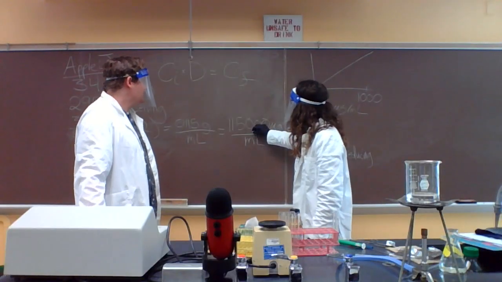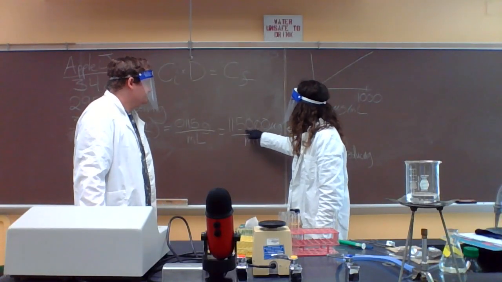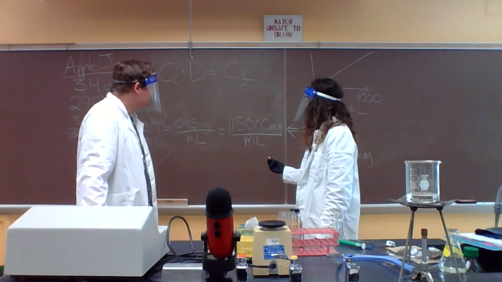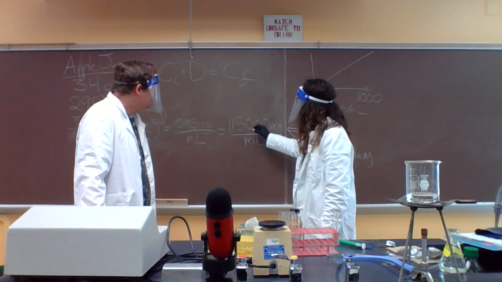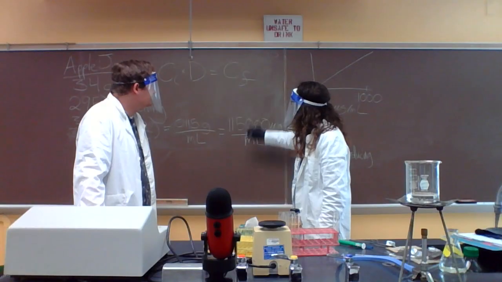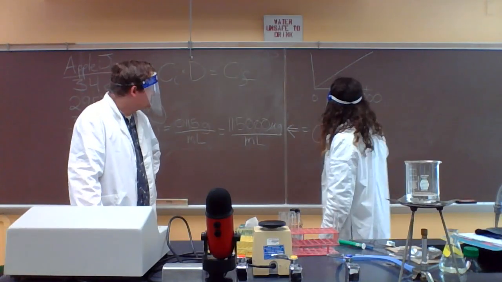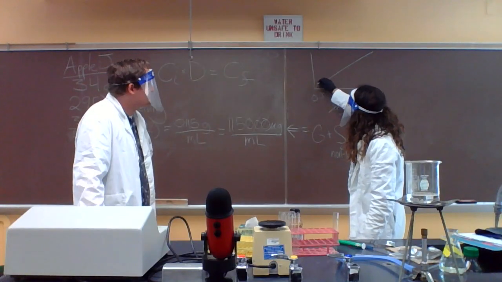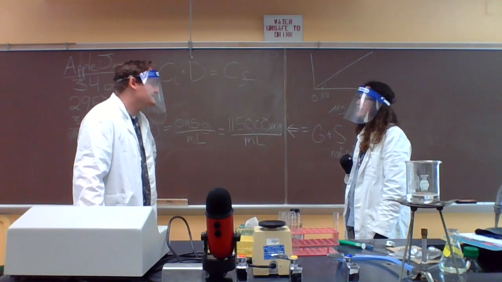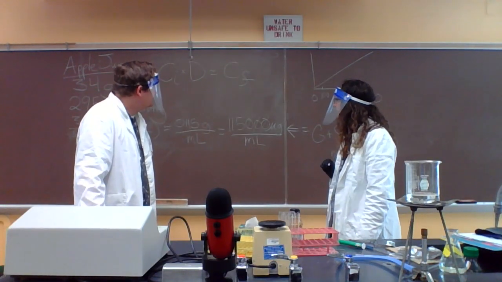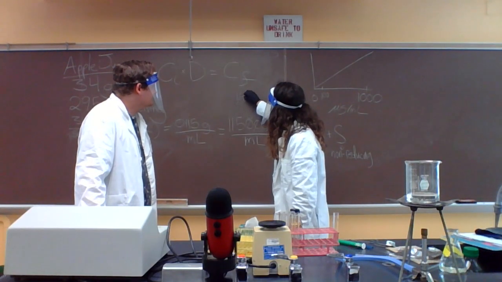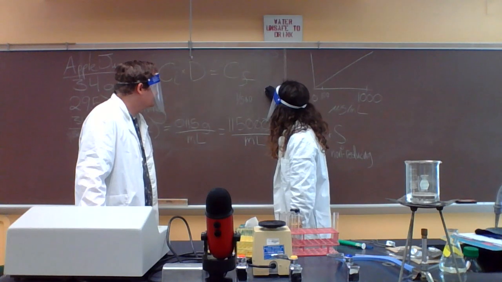If we did a 1 in 100, we'd still be too high, essentially, though a little bit closer. If we did a 1 in 1,000 dilution, we'd be a little on the low end. Our first number down here was 100, so we would be a little bit too low. So I think a good range is probably going to be between a 1 in 500 and a 1 in 200 dilution.